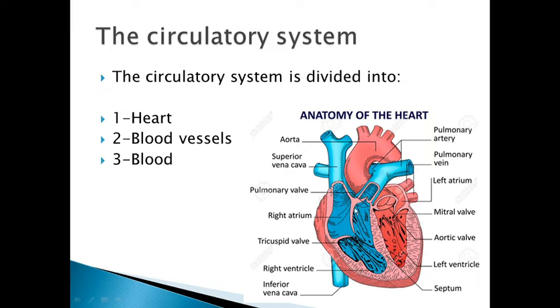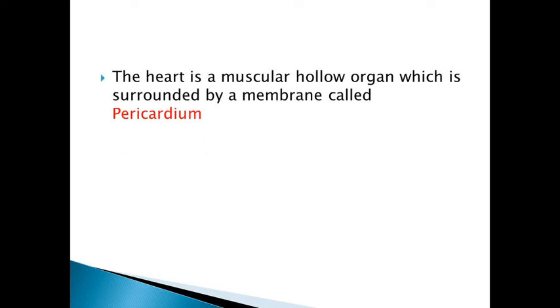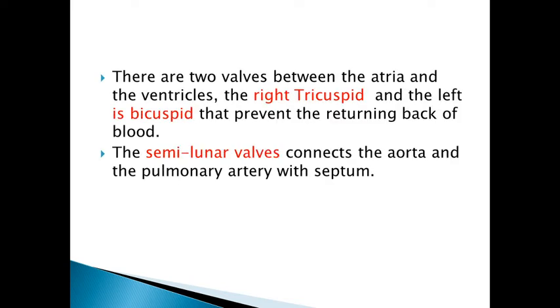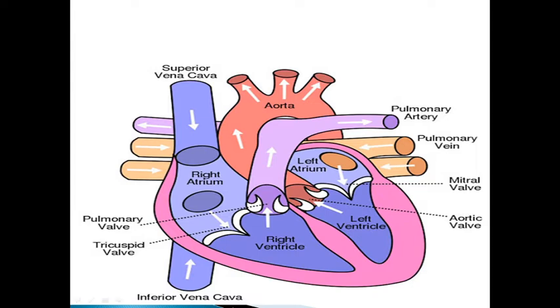Here we have another, clearer diagram. Okay, this is a very nice diagram. This is the aorta and this is the vena cava.